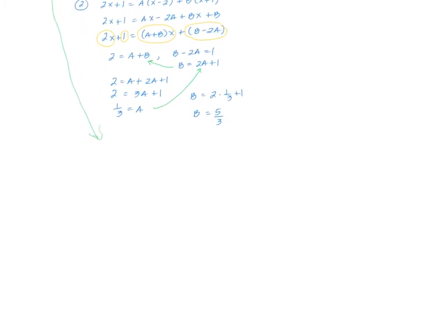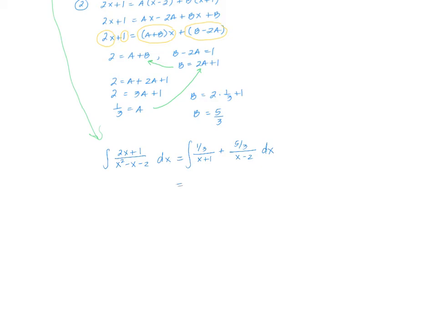The integral of (2x plus 1) over (x squared minus x minus 2) dx is equal to a, which was 1/3, so 1/3 over x plus 1, plus b, which was 5/3, over x minus 2, and this is all in the same integral.